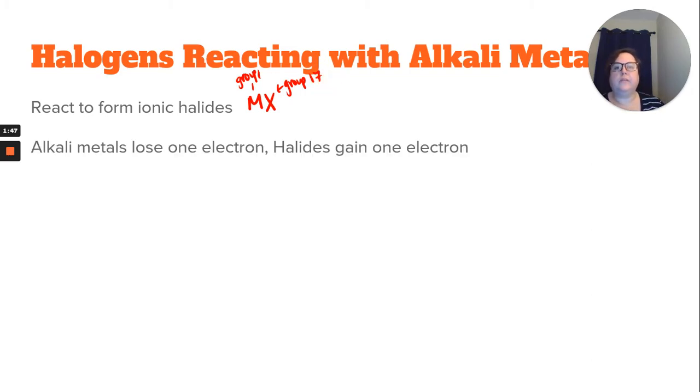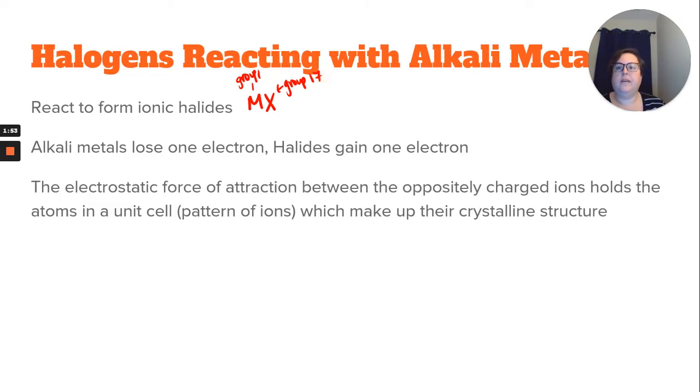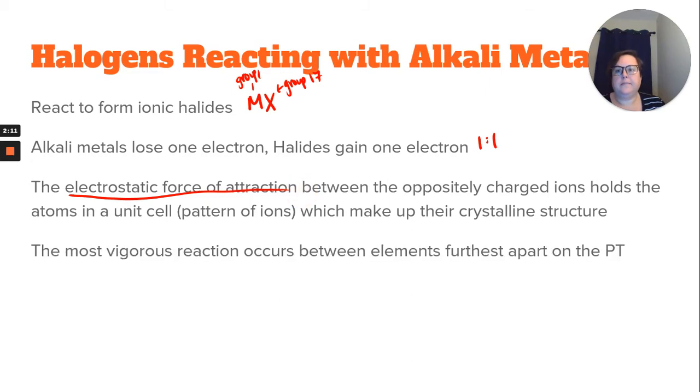The alkali metal will lose 1 electron and give it to the halogen. The halide will then gain that electron. So it's a 1-to-1 ratio. The electrostatic force of attraction is between the oppositely charged ions, so that electrostatic force of attraction is what's holding that unit together and making up their crystalline solid.